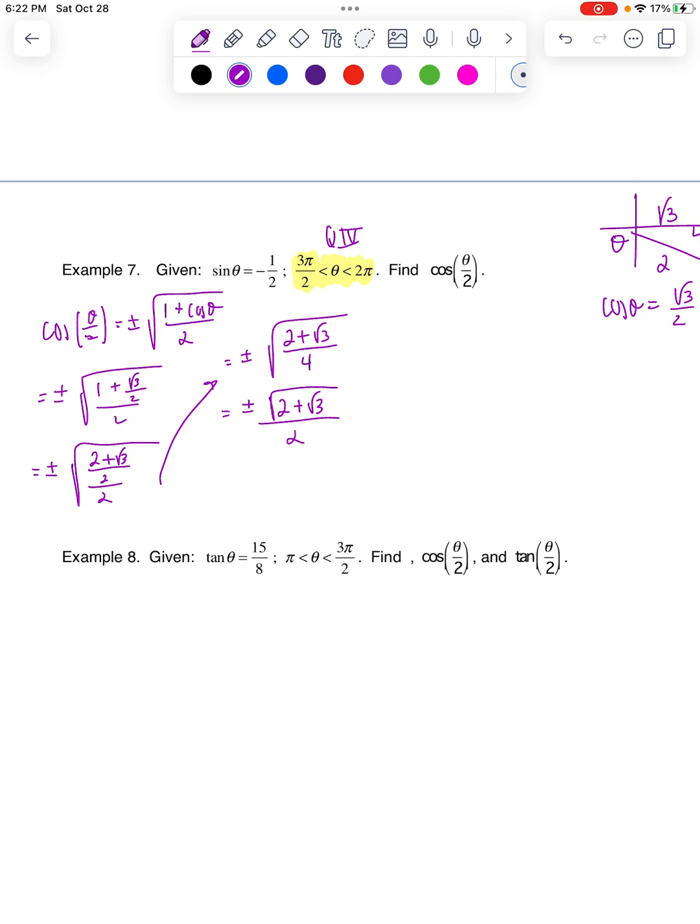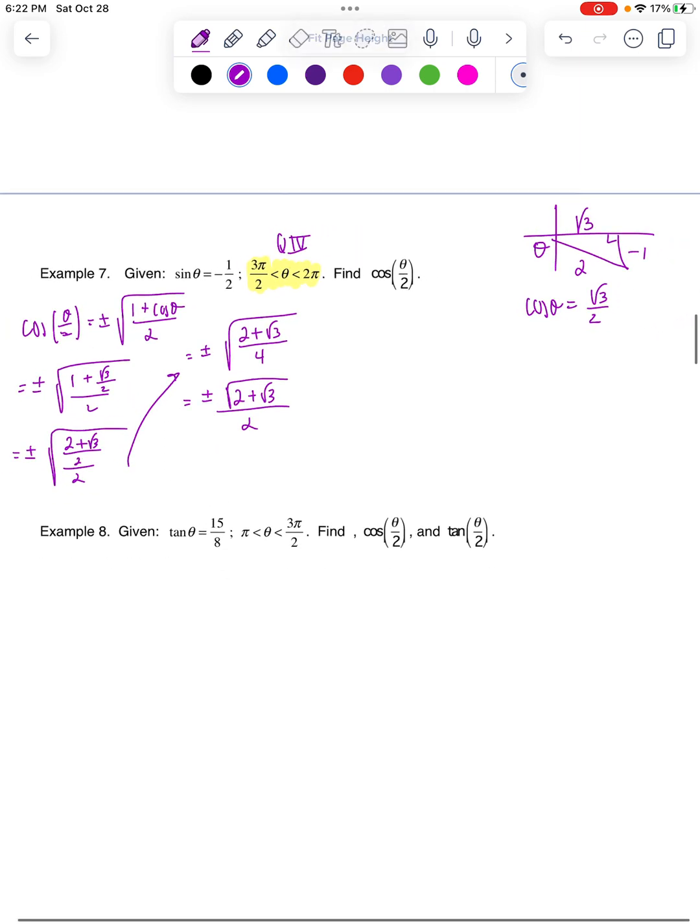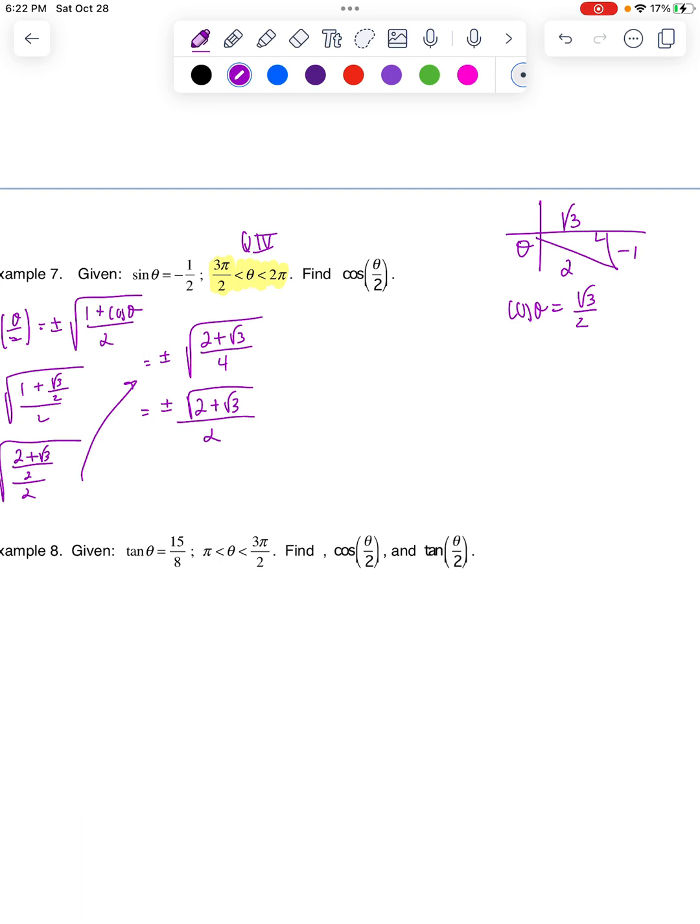Okay, so now we are dealing with half angles. We know that our theta is in quadrant 4, but we need to make sure where our half angle is located. So I'm going to rewrite this. We have to figure out where our half angle is located. So I'm going to take where our theta was located, which was in between 3 pi over 2 and 2 pi.